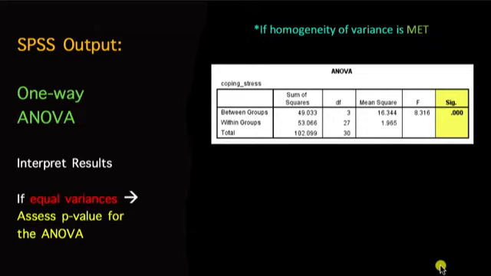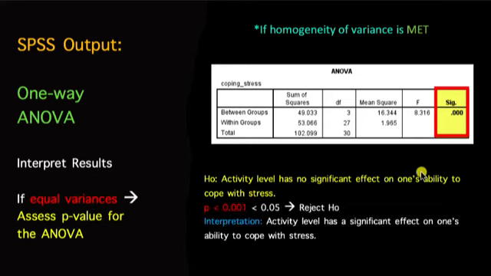When you meet the assumption, and I have the note up here, right, equal variances has been assumed, that's when you read the p-value in the ANOVA table, and that will be the p-value for the main effect of your ANOVA. In this case, we have a p-value of not 0, but we have a p-value less than 0.001.